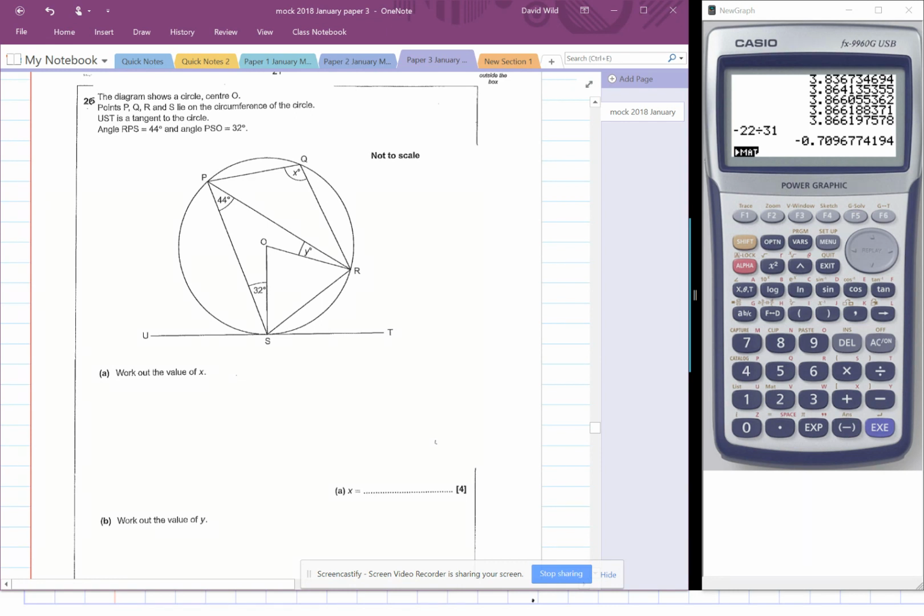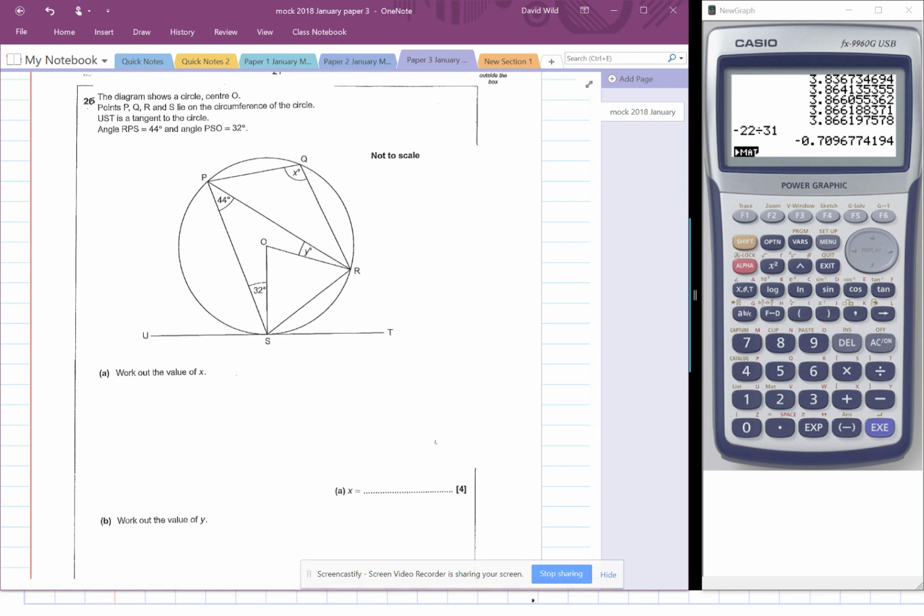Now that's without me actually doing it. That's what I'm thinking. Right, let's see what goes on. I'm not exactly sure how to calculate this straight away, and it's 4 marks. So I'm going to start putting stuff on here that I know is right.